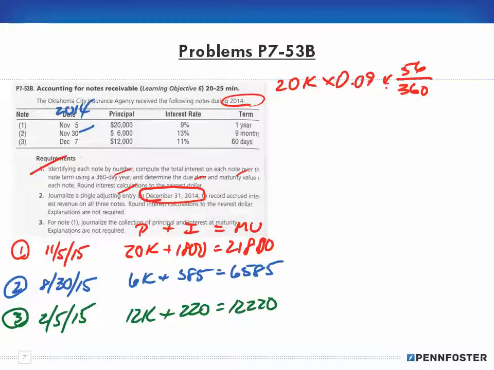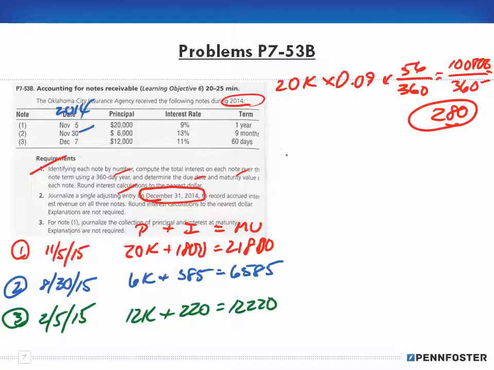So 20,000 times 0.09 times 56 days is 100,800 over 360, and that gives me $280 in interest up to December 31st for note number 1.